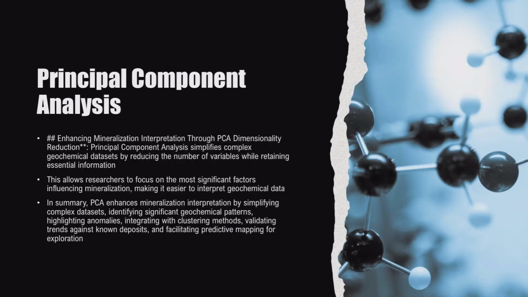As mentioned before, principal component analysis is their main tool here, which enhances the mineralization interpretation, first by simplifying the complex data set and identifying the associations of elements that can be used to track the mineralization itself.